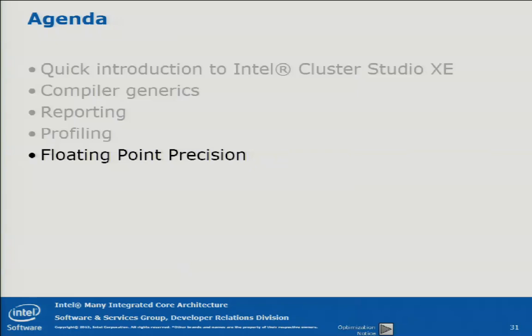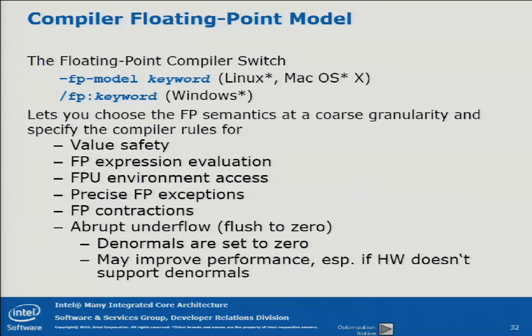Okay, floating point precision. This is another big topic because you can gain a lot of performance, and 20% is a lot of performance in HPC. So the compiler needs to make certain assumptions about what it can do to floating point operations. And usually, the compiler cannot do much about it. Floating point operations are not associative and commutative.